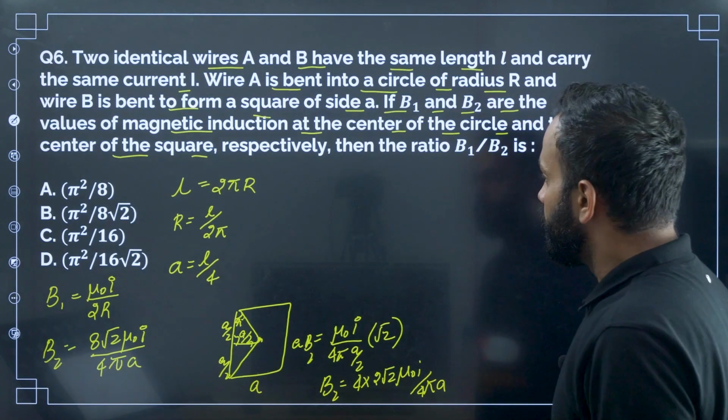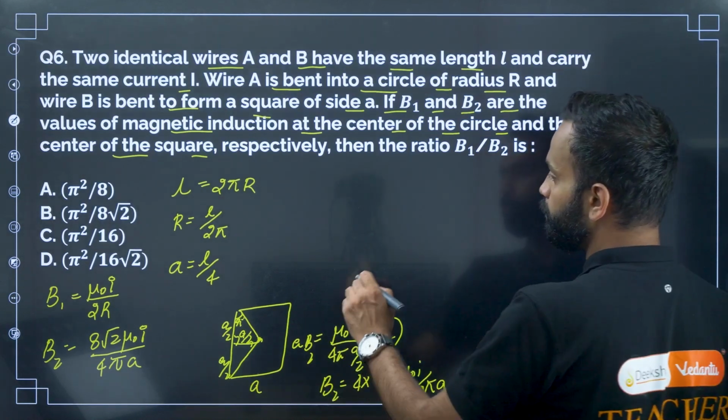Now we need to find the ratio of B1 and B2.